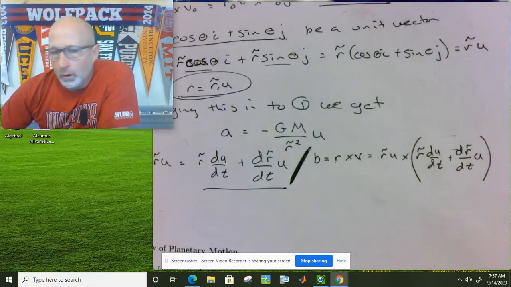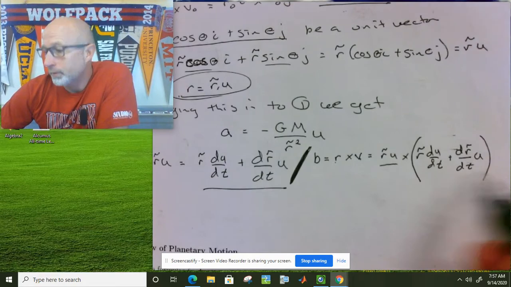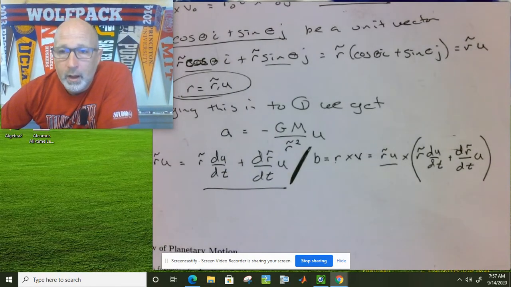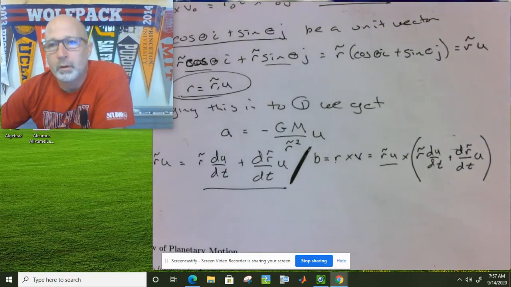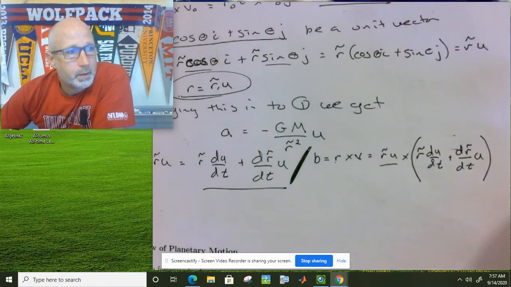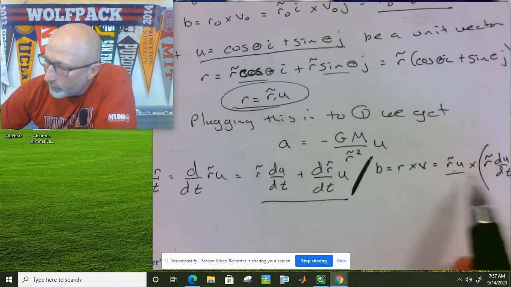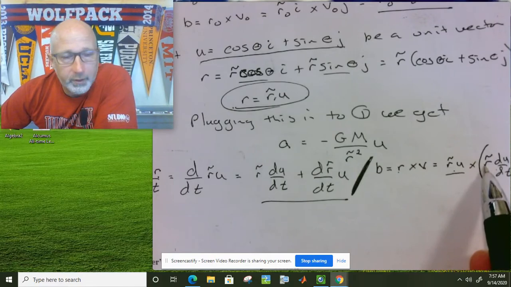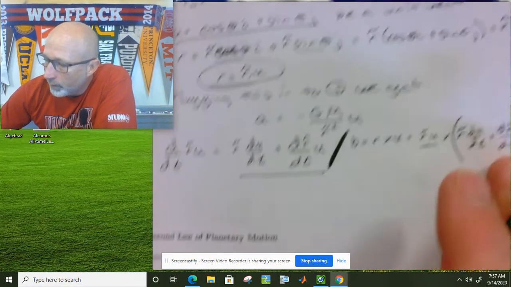So what do we got here now? We have a vector crossed with another vector. And if you remember, we basically just distribute the cross product. That was one of the earlier properties that we learned. So I'm going to take this cross with this. R tilde is a constant, so this is just r tilde squared.